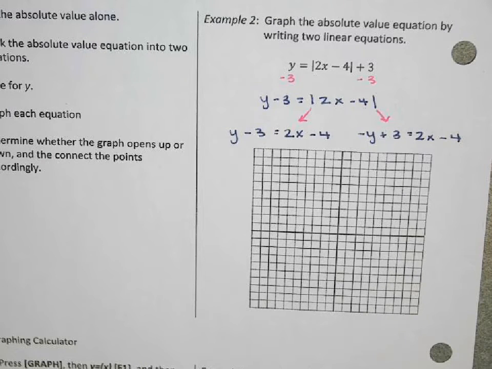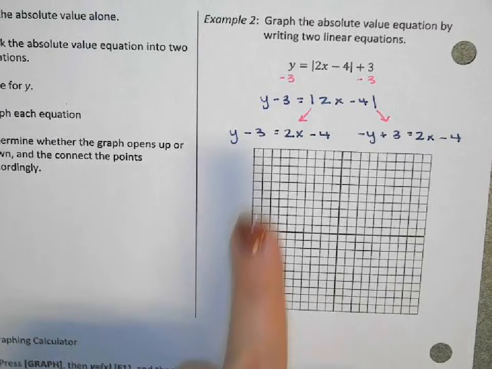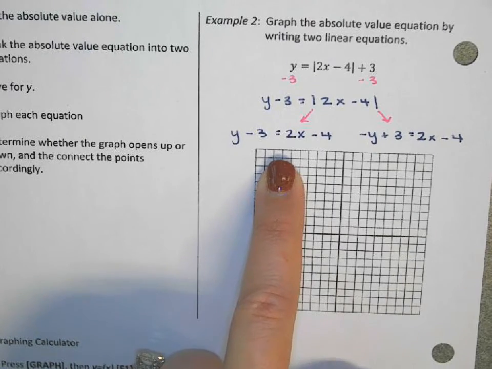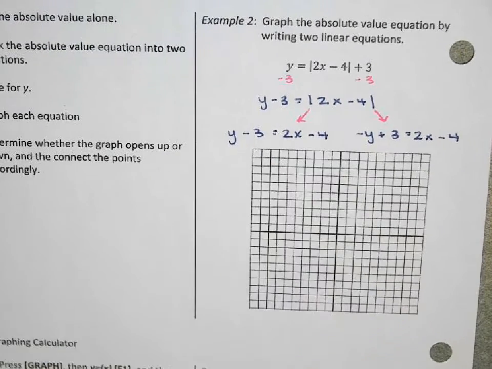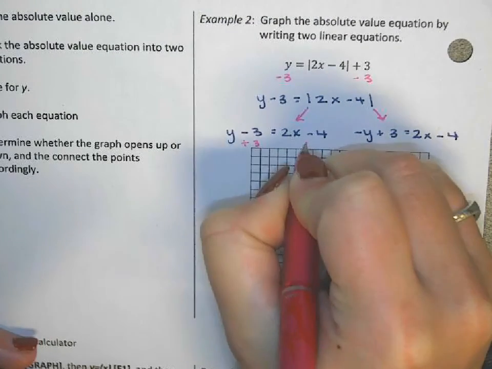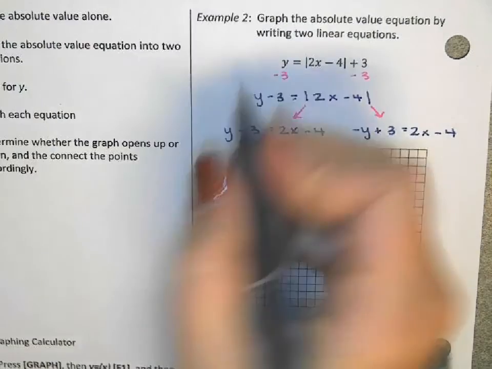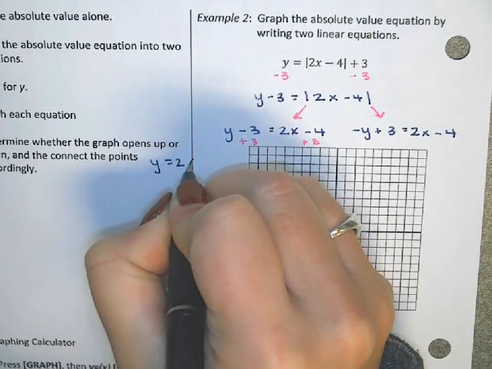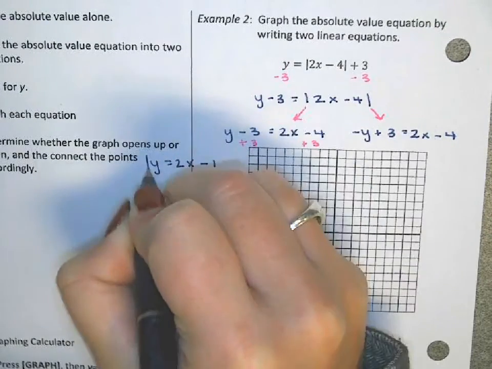Okay? Then we have to solve for y, because I don't know how to graph this as an equation. But if I get y alone and add 3 on both sides, I do know how to graph y equals 2x minus 1.